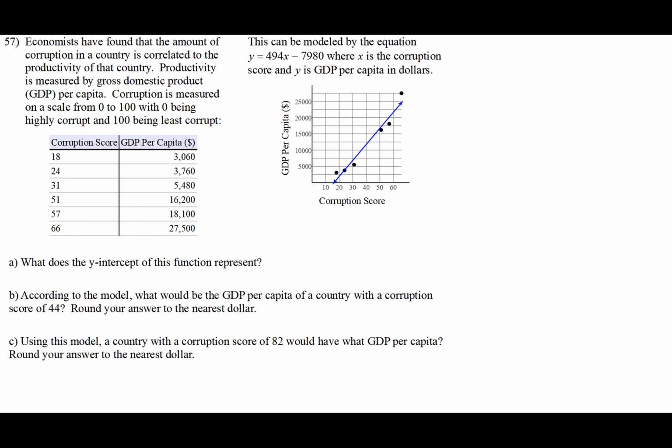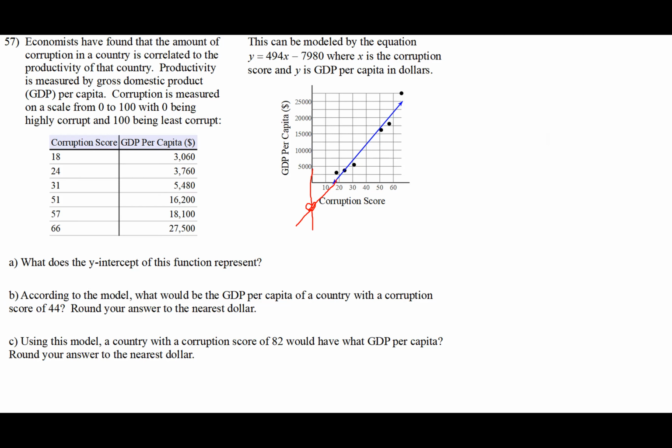My first question here says, what does the y-intercept of this function represent? So if I was to connect this line until I cross the y-axis, what does this point represent? From the GDP, I notice it will give me a number, in this case probably a negative number.